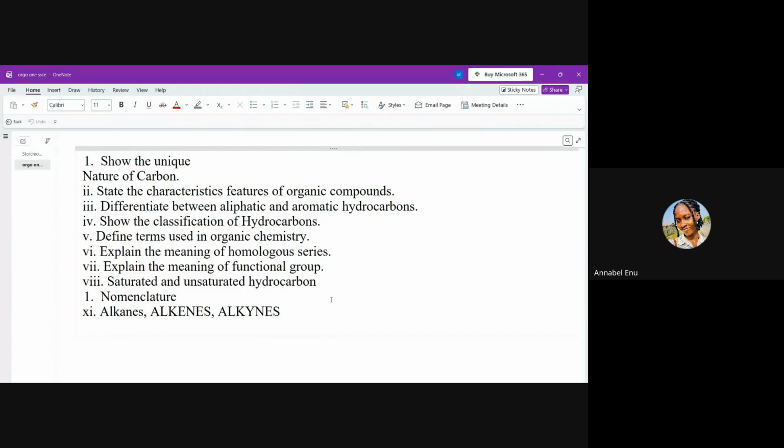Now these are, we have the nature of carbon, the characteristics and features of organic class. You should go and bring your questions so that it will not be a class of repeating things that you already know, but a class where you get to know better those things you don't know yet.